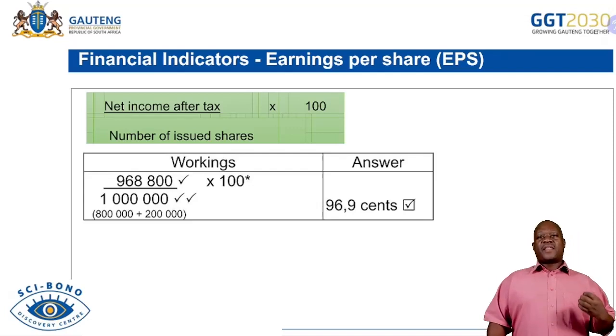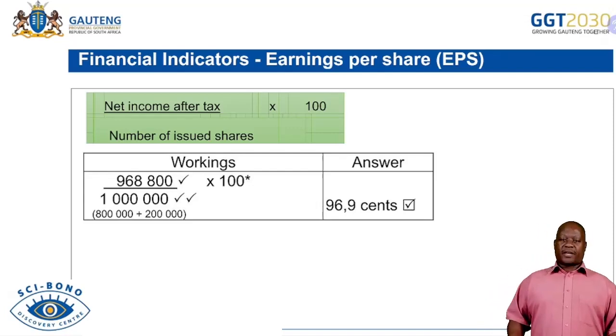Now, even if that figure is not correct, we are going to accept it for the sake of our continued calculations. Because remember, we are not marking you on a figure, but we are assessing you on whether you can apply correctly.